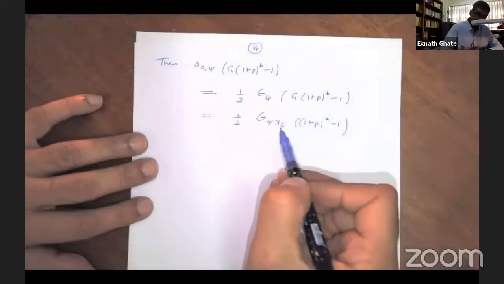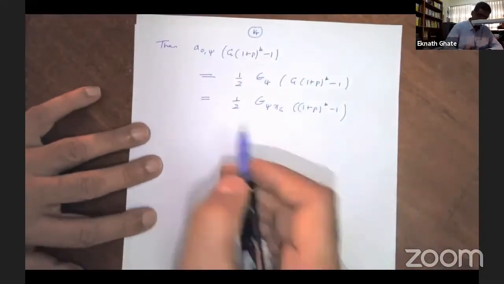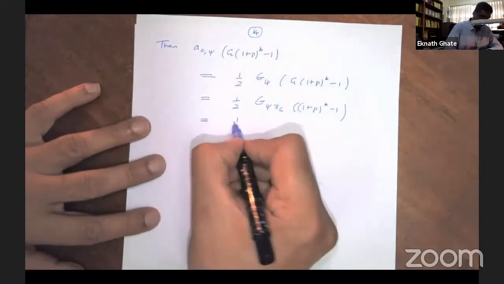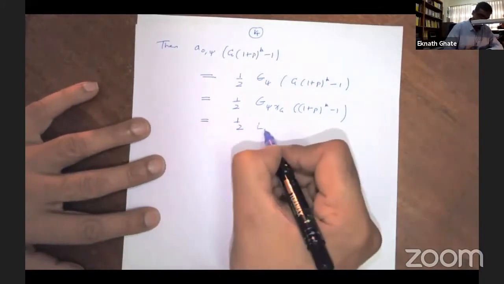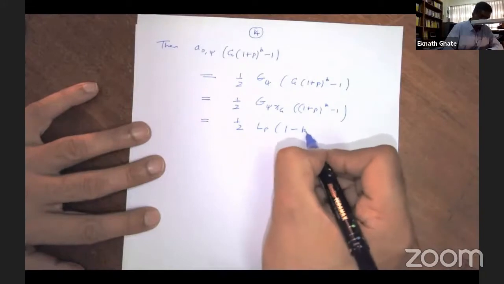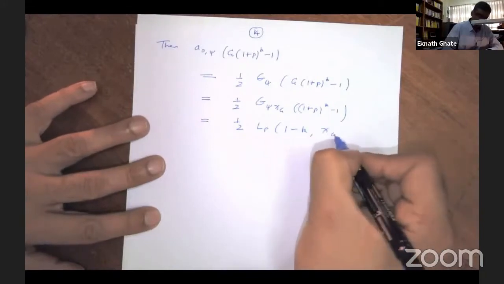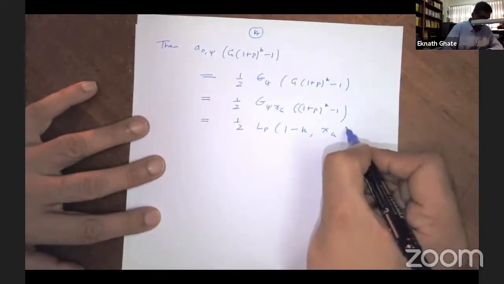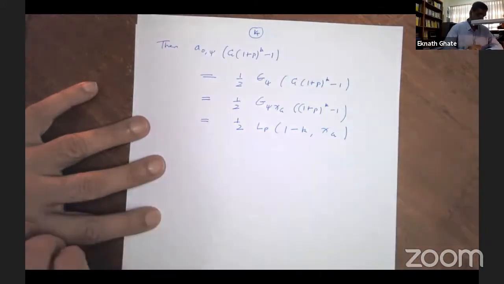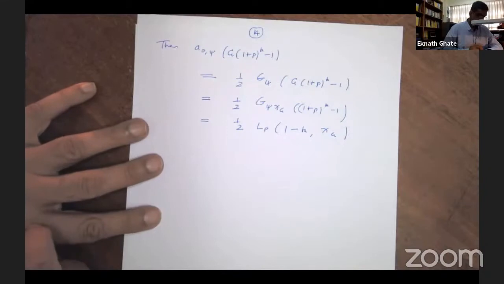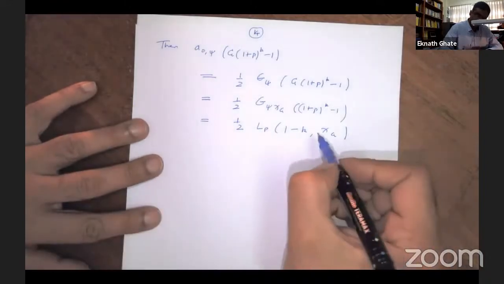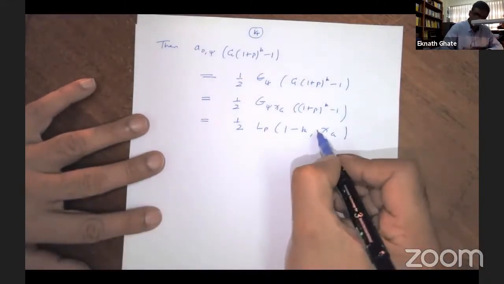I brought the zeta down here, which is a half. This is Iwasawa's main result, chi zeta. And I think there should be a psi here, though I don't have it in my notes.